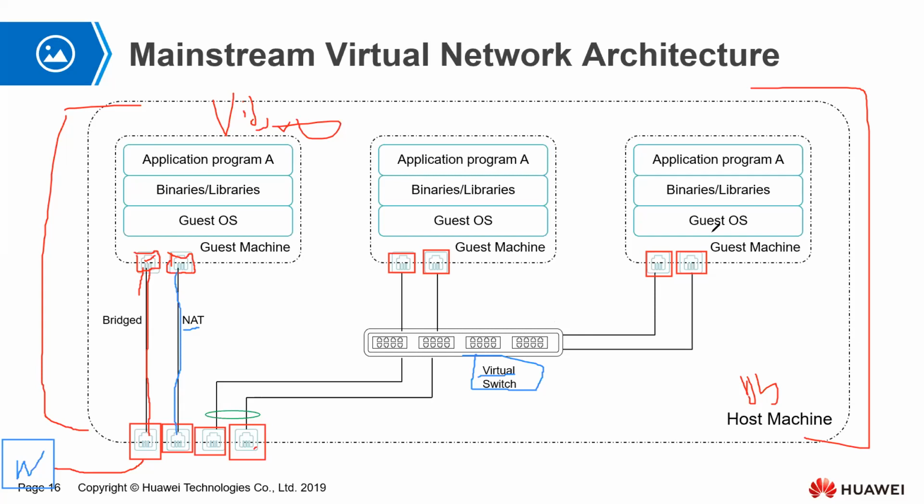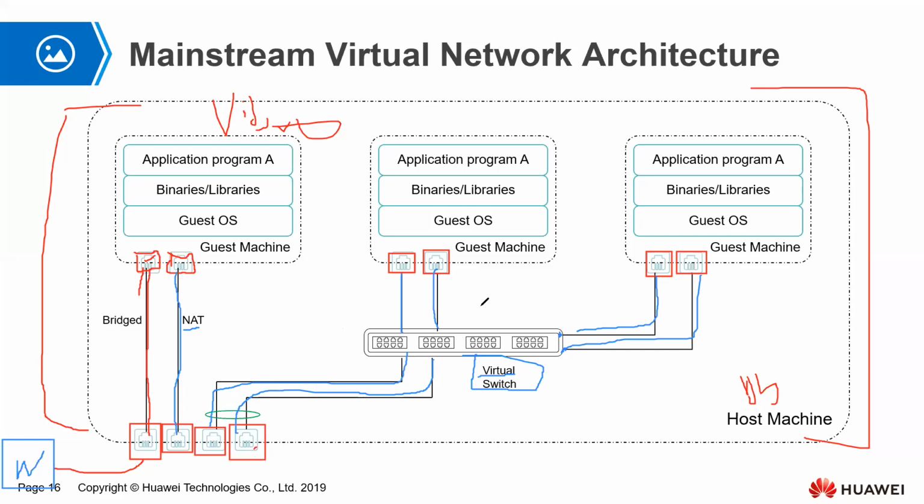So what will happen, this virtual machine here will connect to our virtual switch, and think of this as functioning like our physical layer 2 switch. And this one will also connect to our virtual switch. And remember, these are virtual network interface cards connecting to our virtual switch, which also connects to our physical network interface cards.